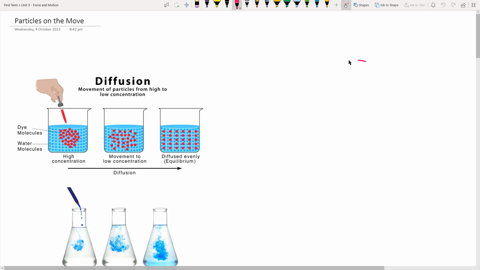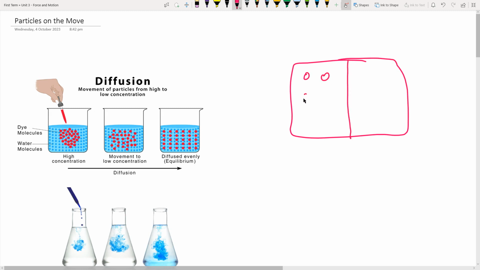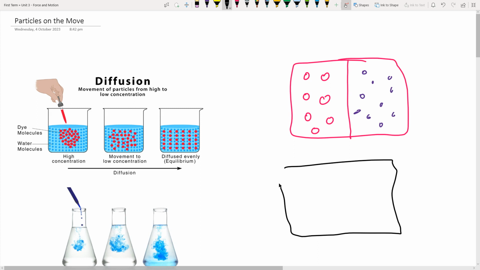Let's just say you have two containers, separated like this, in which you have these pink particles, pink gas, and then we have another gas, which are these small blue particles. Once the partition is removed, all these pink particles are spread evenly around the whole container, while the same is happening with these blue particles.